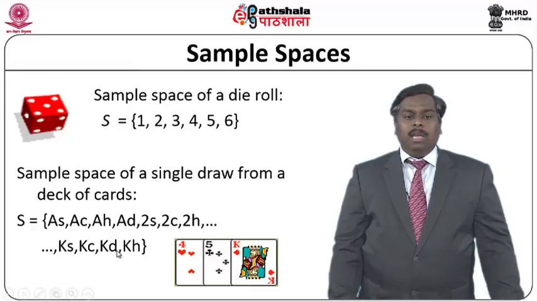The set may have ace of spades, ace of clubs, ace of hearts, ace of diamonds. Then we have cards with number 2 in spades, clubs, hearts, diamonds and so on. Finally, we have the king of spades, clubs, diamonds and hearts. This entire set is the set of outcomes, which are nothing but the elements of our sample space.